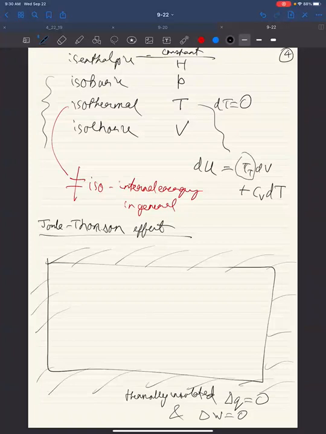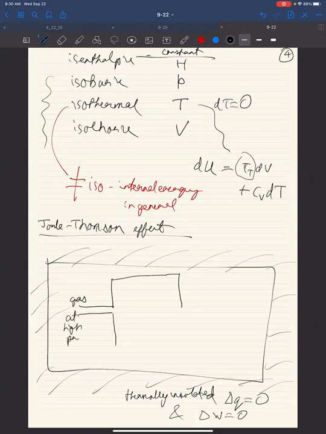And so what Joule-Thomson does is that inside this, it has a device which has a very narrow entrance. And through this narrow entrance, you pass in gas at high pressure. You pass in gas through a very, very narrow pore at high pressure.